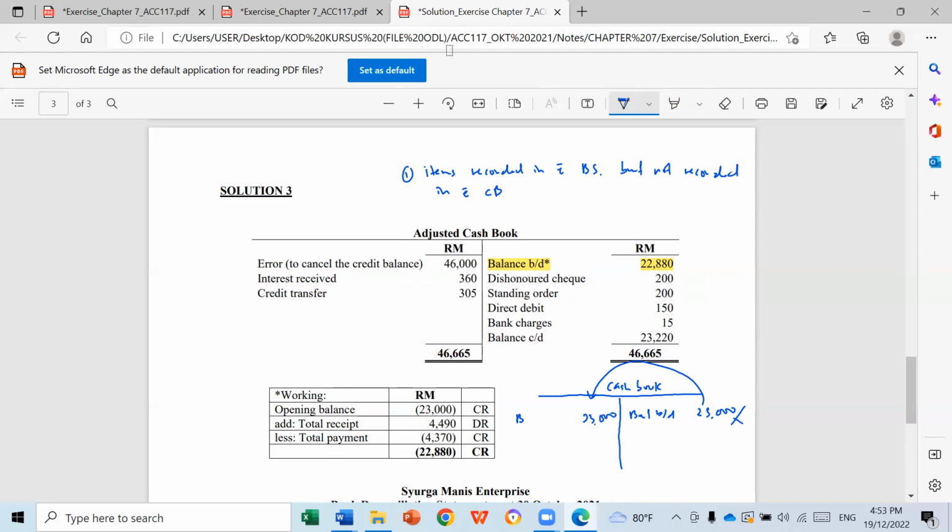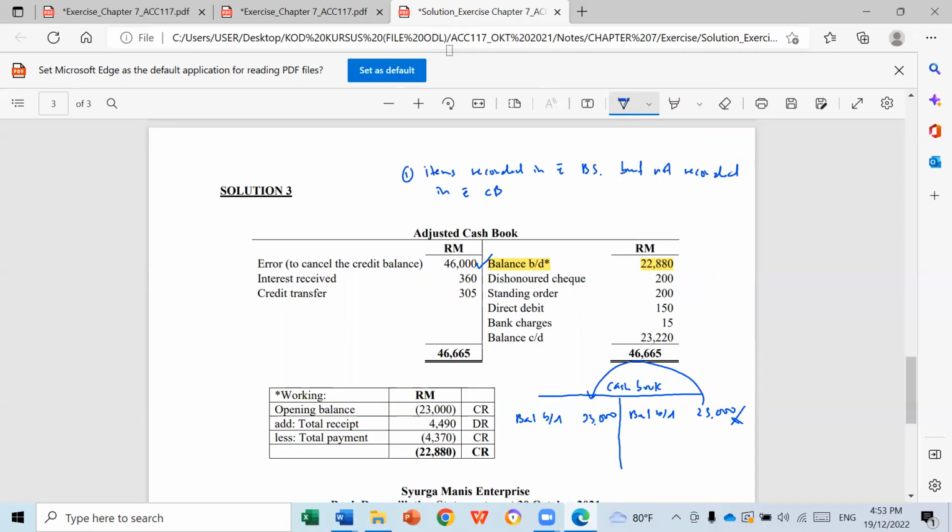This is the correct balance, not this one. So how do we move this 23,000 from the credit to the debit side? To create the balance on the debit side, you have to cancel off the error by 46,000.